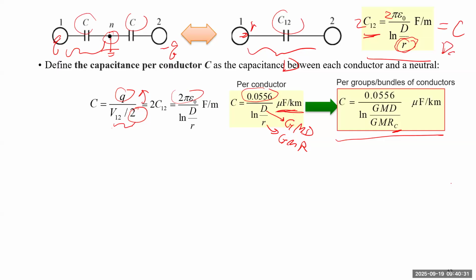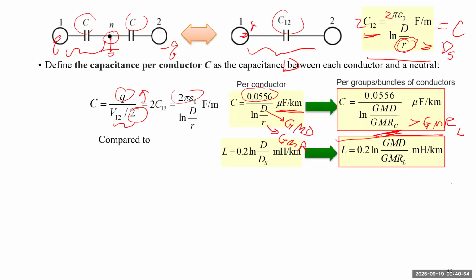For inductance, we use DS. DS is slightly smaller than R, about 0.78 times R. Which means this GMR will also be slightly bigger than GMRL for inductance.